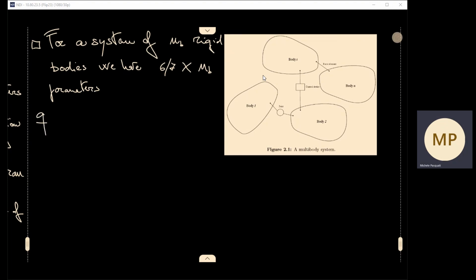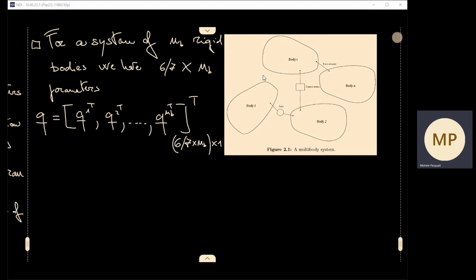So typically the total vector of the parameters is written like this: Q1, Q2, up to Q_nb, all transposed. Again, this is a 6 or 7 times n_b by 1 vector.